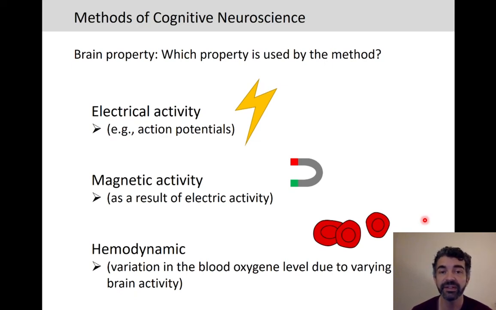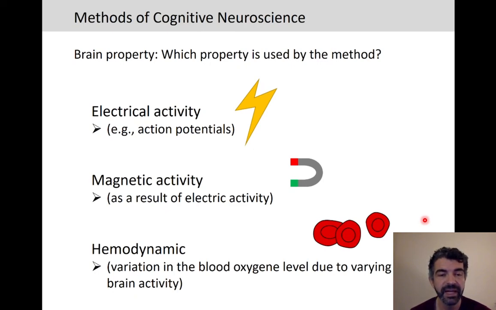So whenever you have an electric current running, there's also a magnetic field and vice versa. So they both go hand in hand with one another, but sometimes they do depict different aspects of cognitive processing, which is why it can be very useful, for example, to have complementary measures here.